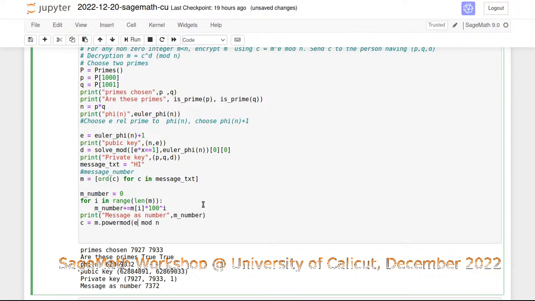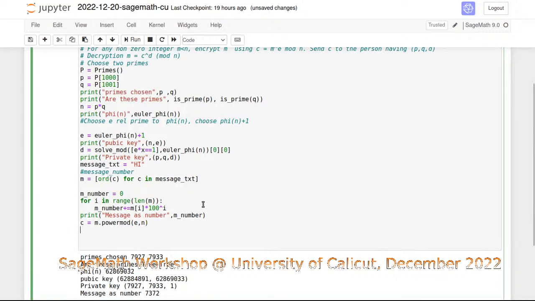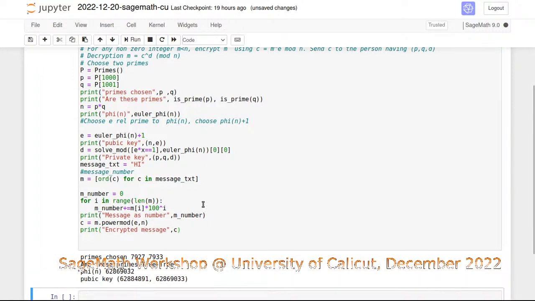Power and mod we have to give. Power is here, n is here. Encrypted message is nothing but C.